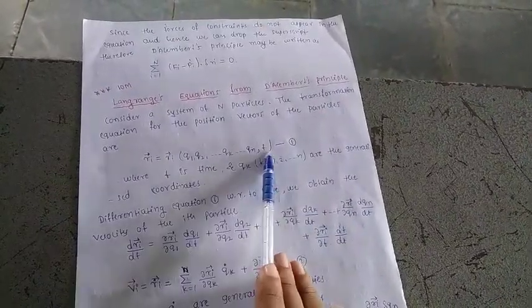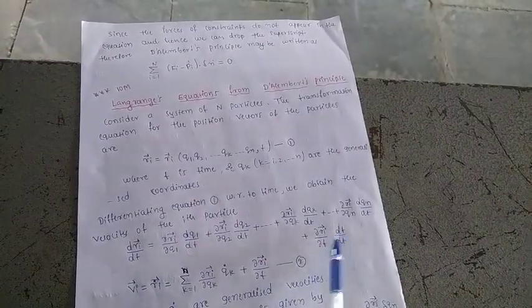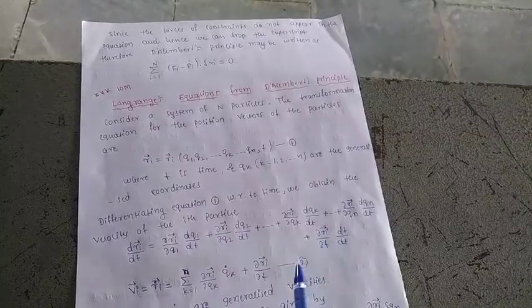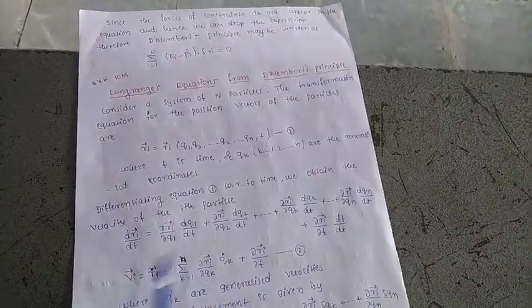For the time derivative, dou Ri by dou t into dt by dt, the dt by dt cancel each other. Only we have dou Ri by dou t.